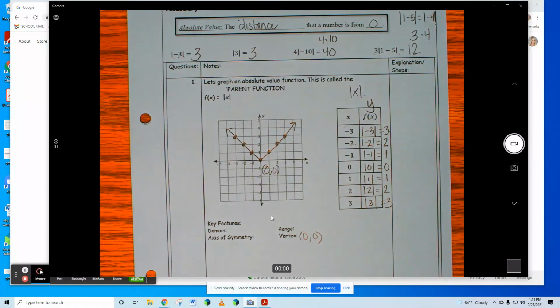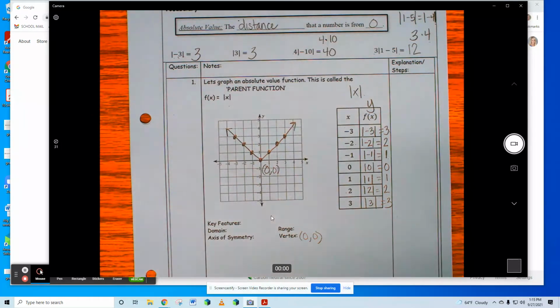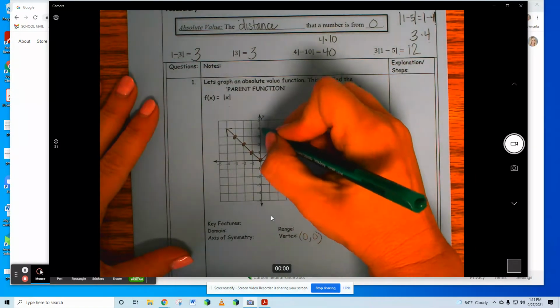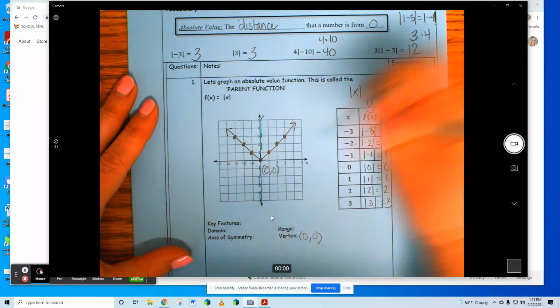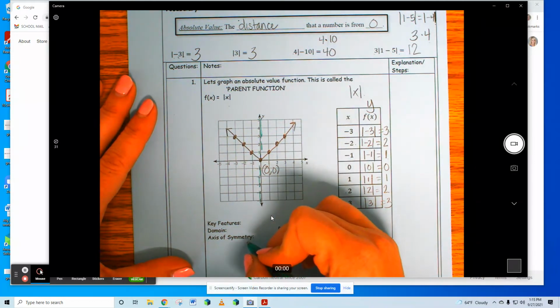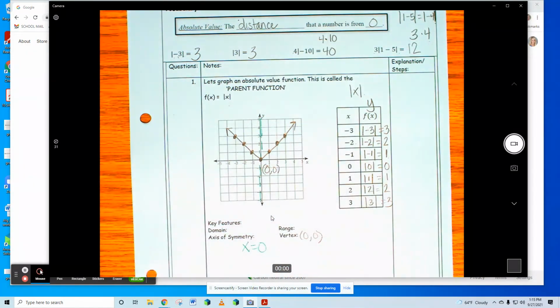It mirrors itself. What I mean by that is, if I were to draw a line down the middle, it would match up. Left and right would be symmetrical. So I'm going to draw my axis of symmetry, maybe not in green, it's hard to see. X equals 0, because it's a vertical line, up and down, x equals 0.